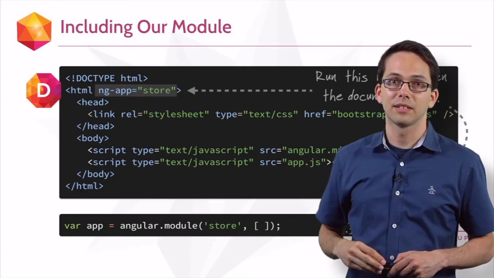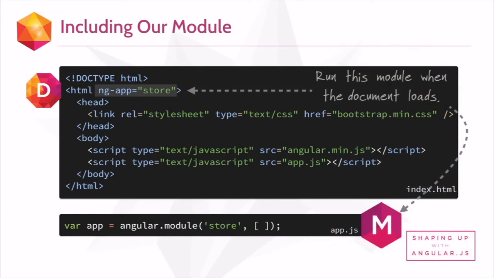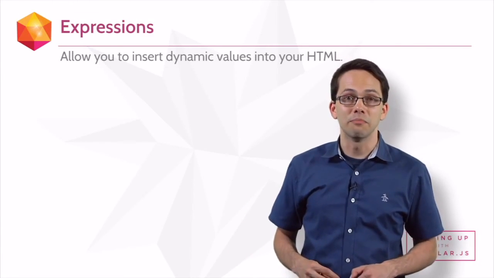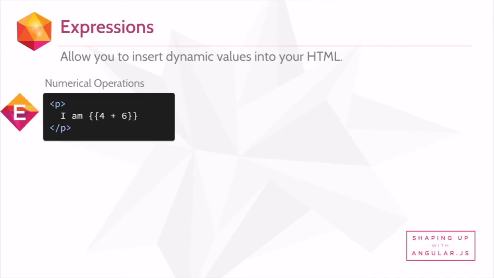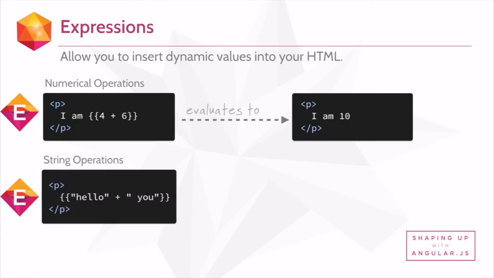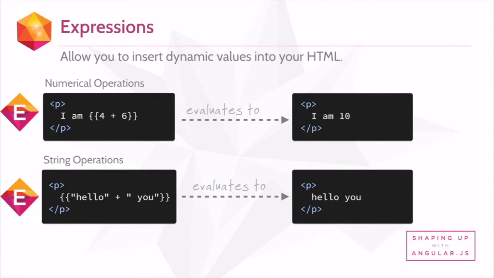And this means we can start writing expressions. Expressions are how we insert dynamic values into our HTML. Here's some basic ones, just using numerical operations. So if we say I am 4 plus 6, that's going to render out on the page as I am 10. We could also do string operations, saying hello plus you, and that's going to evaluate to hello you, as you might expect.